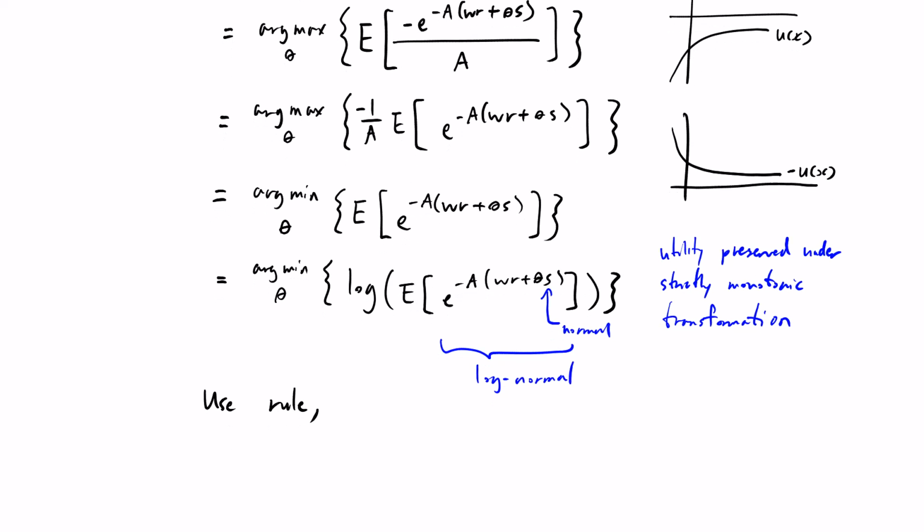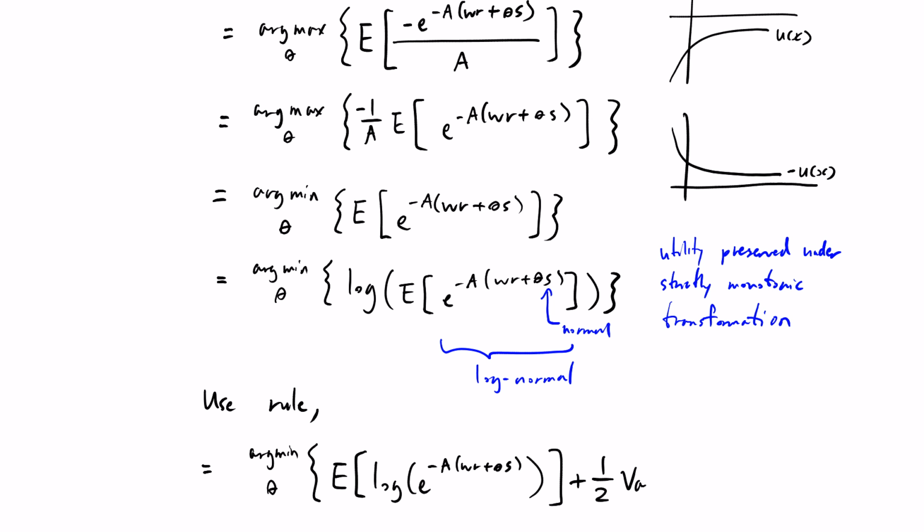So you use the rule. You have arg min over theta of the expectation of log of e to the negative A (WR plus theta S), plus half of the variance of log of e to the negative A (WR plus theta S).